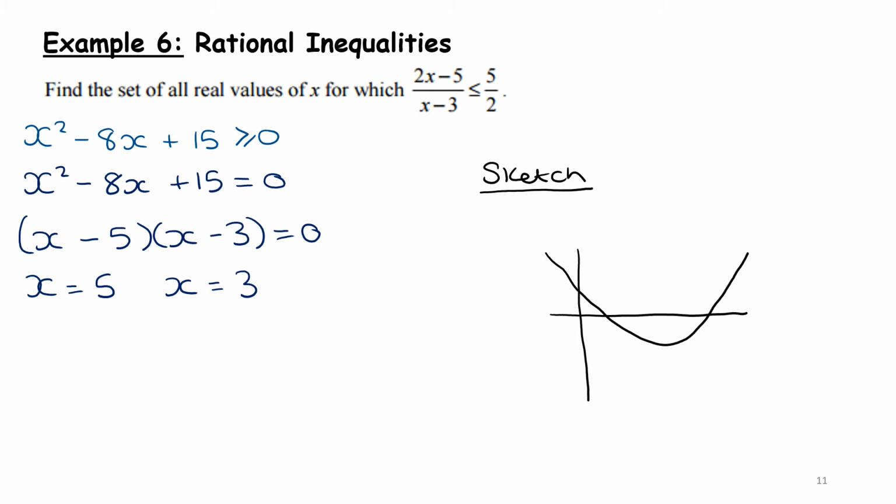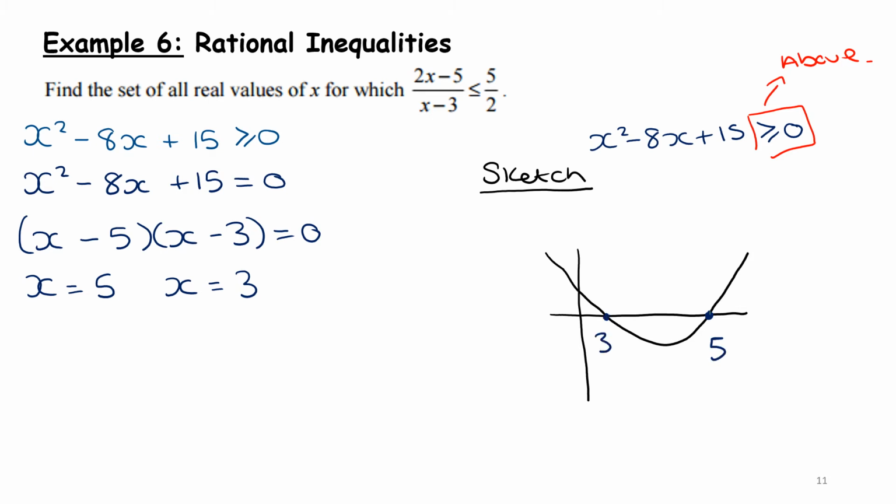We are looking at the inequality x squared minus 8x plus 15 is greater than or equal to 0. That greater than or equal to 0 means that we are above, so we are dealing with above the x-axis. There's my 5 and my 3.